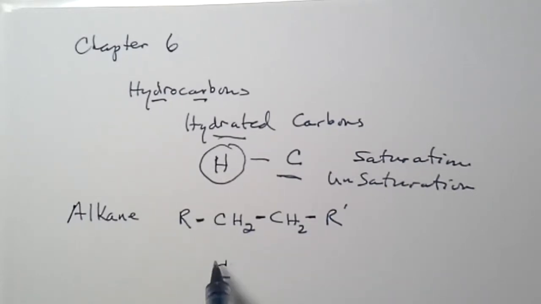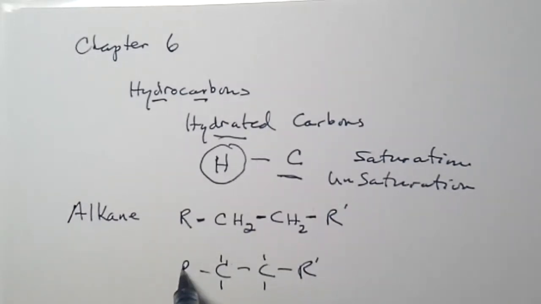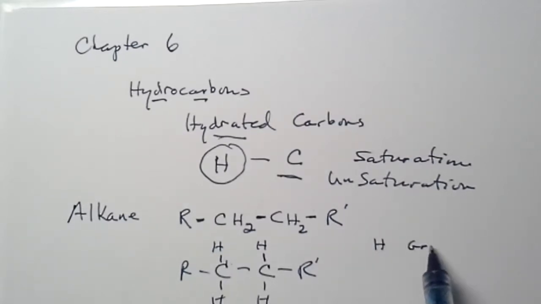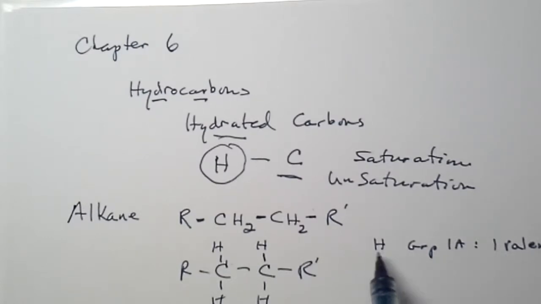And if I were to draw this out in a Lewis type structure, you'd see the hydrogens are represented, single bond to carbon. Okay, carbon has 4 bonds. You remember hydrogen is in group 1, so it has 1 valence electron to bind to another element.